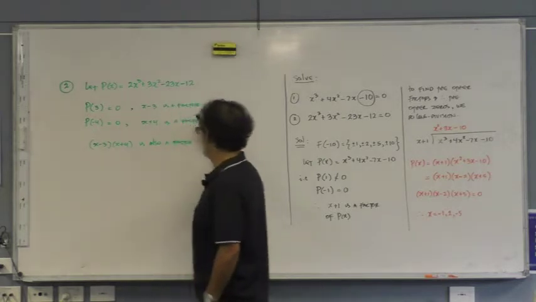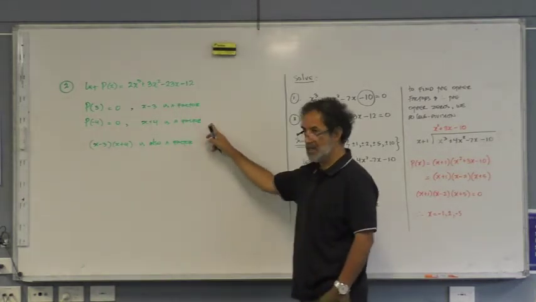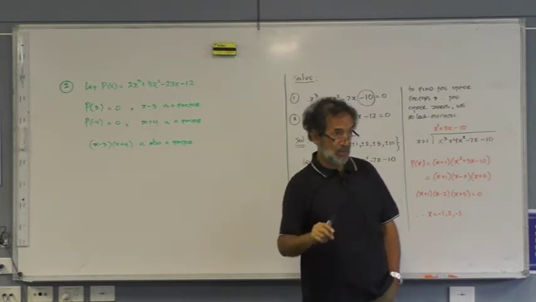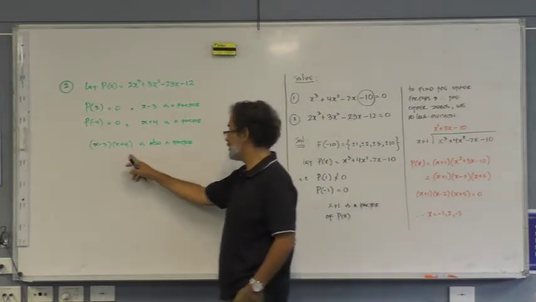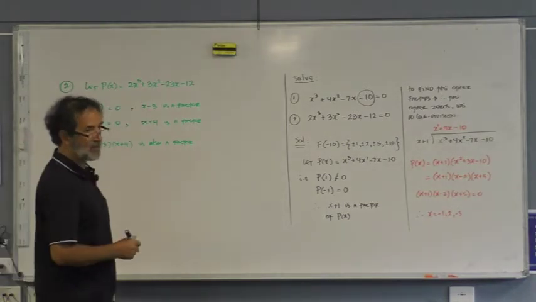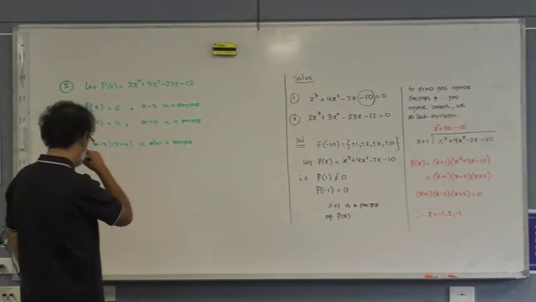If this is a factor and this is another factor, then the multiplication of them is also a factor. This will help you do long division quicker, and I'll show you how.